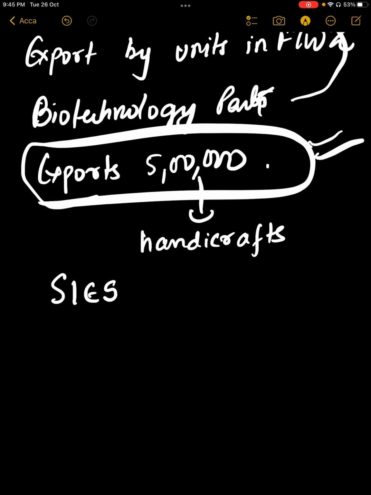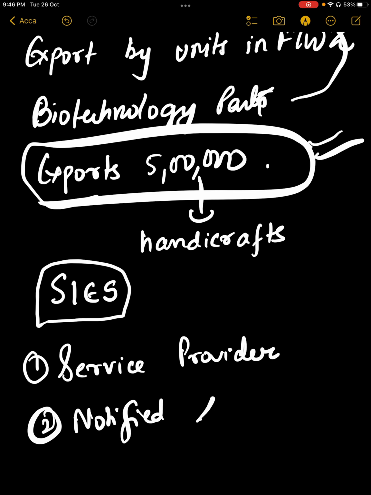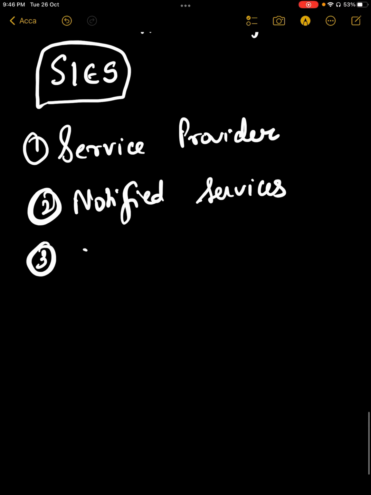SEIS is also another scheme. The conditions are: the service provider should be from India. He must be providing notified services. He should have an active import-export code.